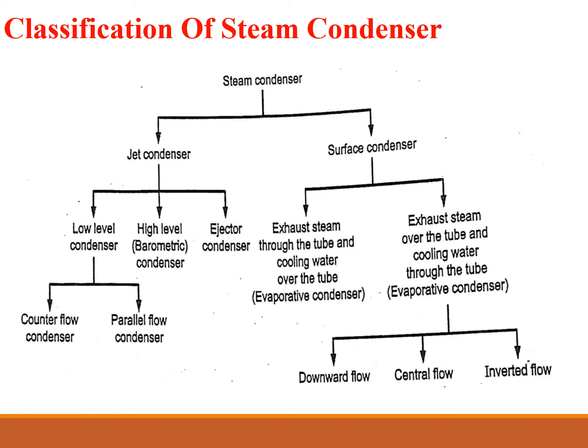In surface condenser, there is exhaust steam through the tube and cooling water over the tube, and exhaust steam over the tube and cooling water through the tube. In exhaust steam over the tube and cooling water through the tube, there are downward flow condenser, central flow and inverted flow condenser.